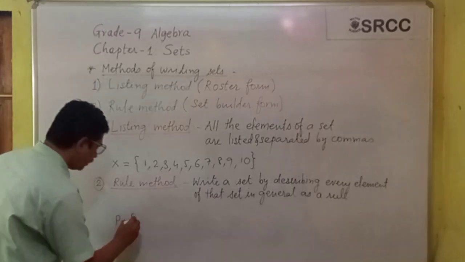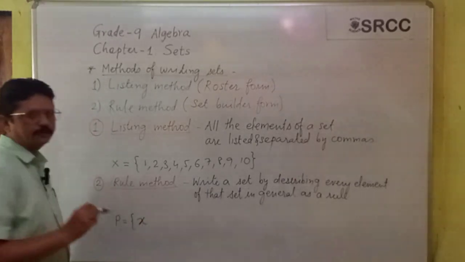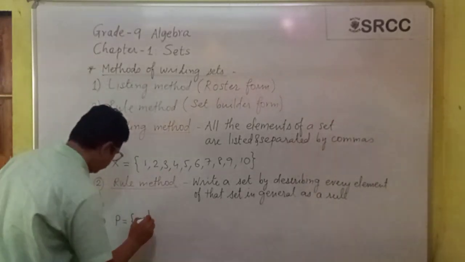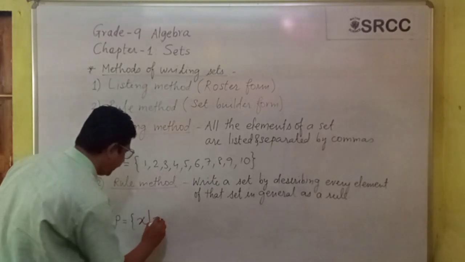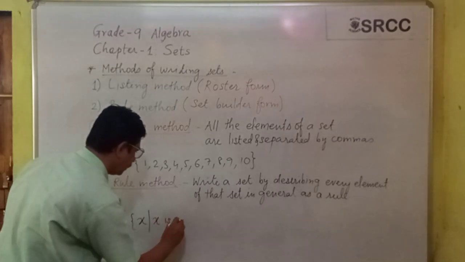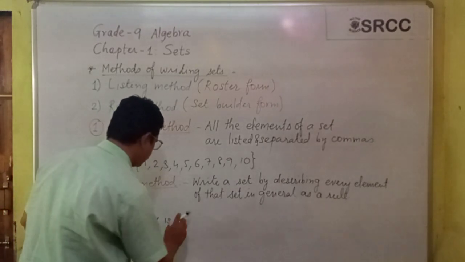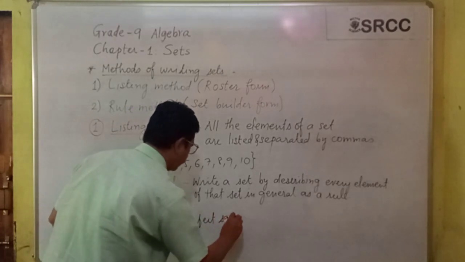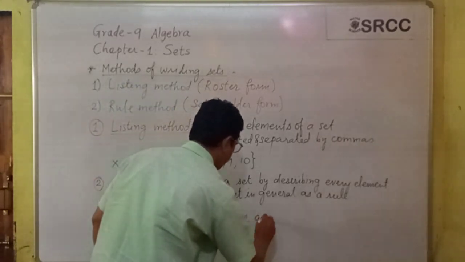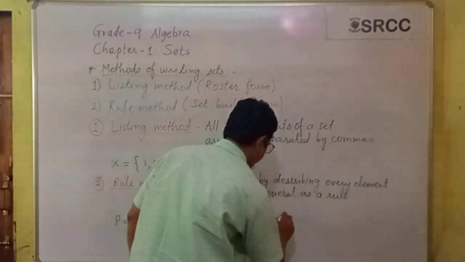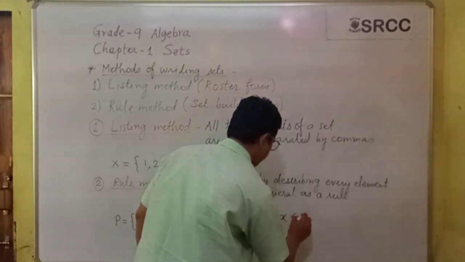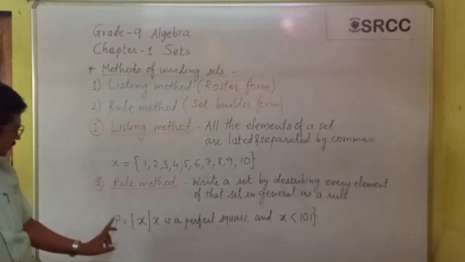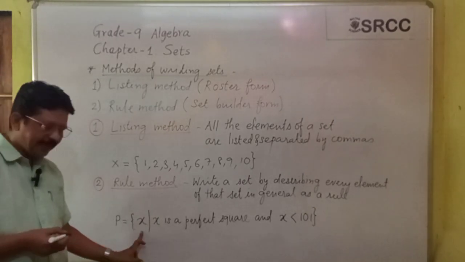In that case, we describe that as x followed by a vertical line, and they say, here this has to be read as P is the set of all x.